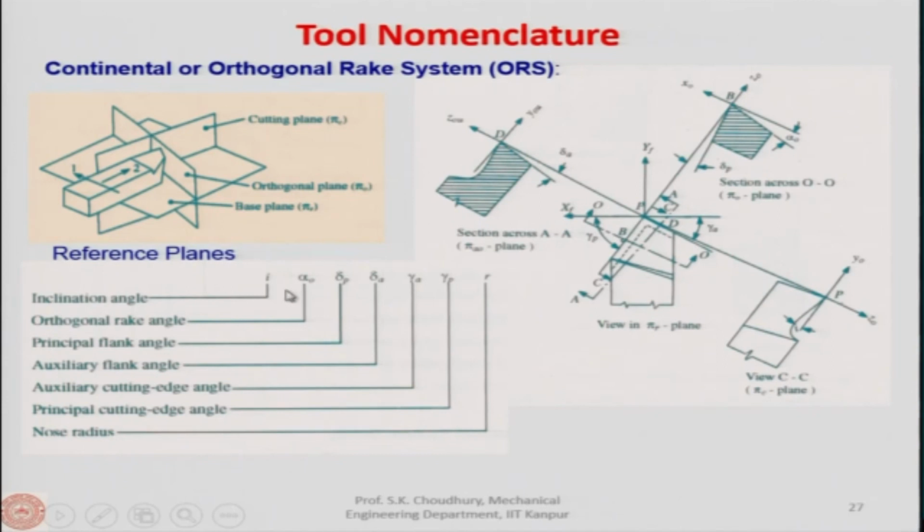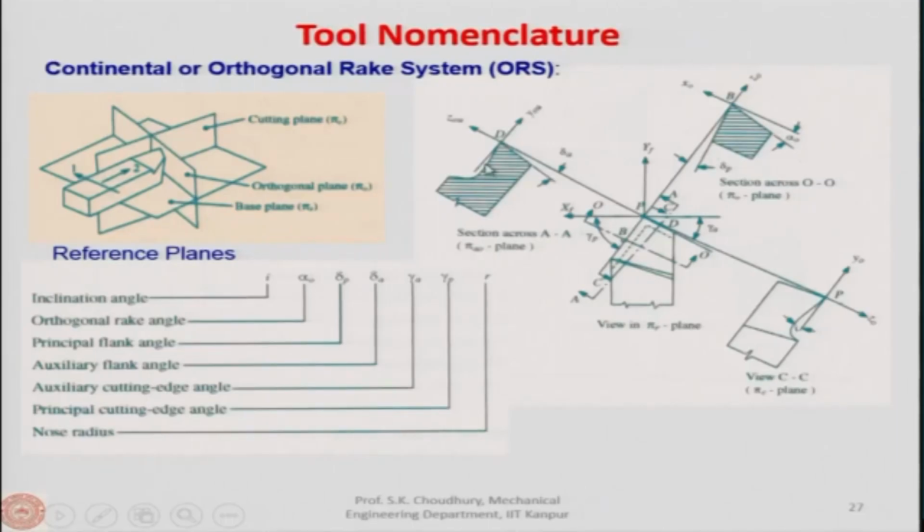First, it is mentioned what the inclination angle is. Inclination angle is here. This is I. Next to that is the orthogonal rake. It is called the orthogonal rake because this is the orthogonal plane, which is perpendicular to this cutting edge. Therefore, these two angles, I and alpha 0, sufficiently describe the inclination of the rake face.